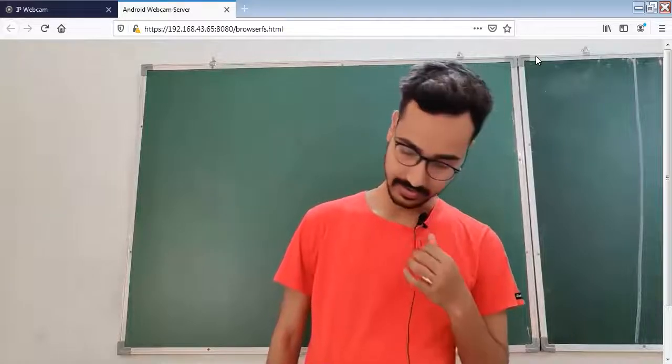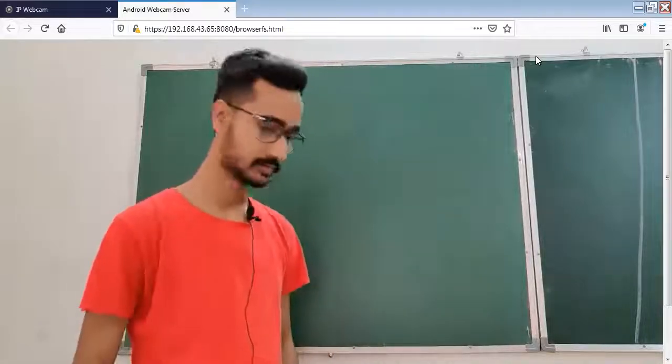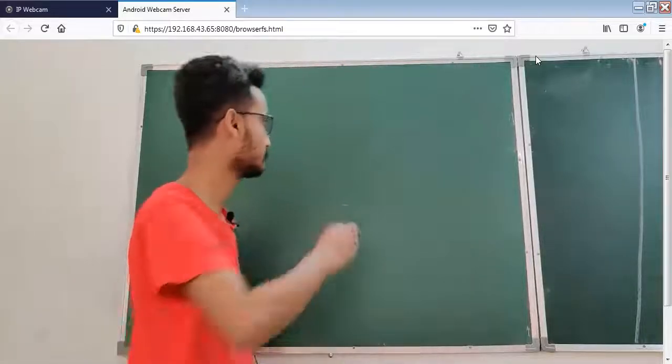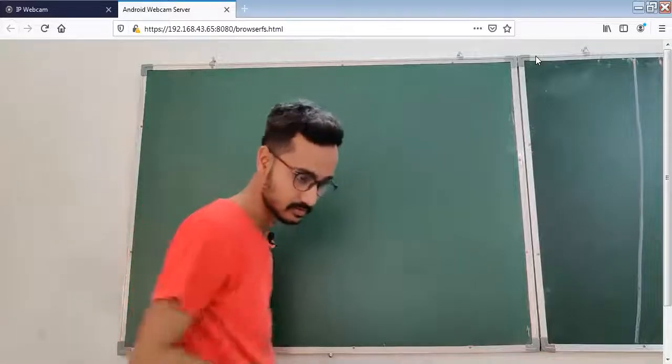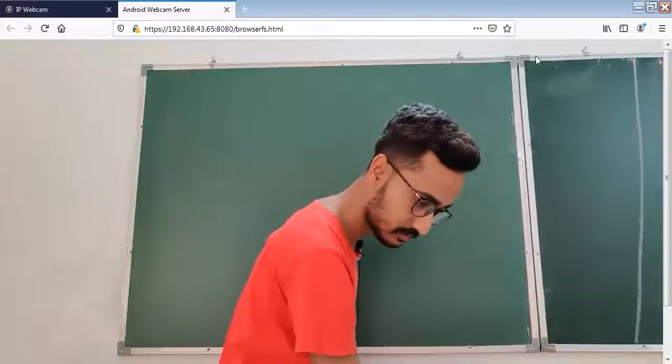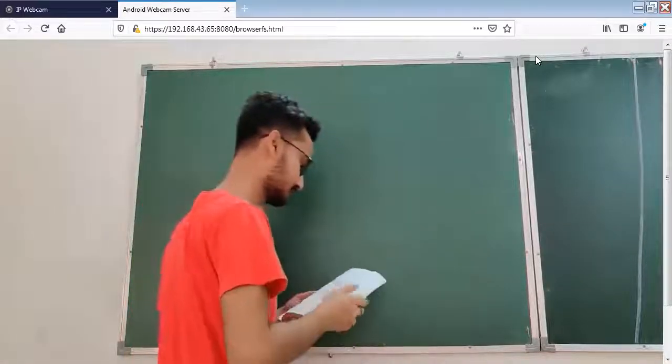See the figure. Let me draw the figure. First let me draw the figure. Suppose two balloons are there. Yes or no? Two balloons are there.